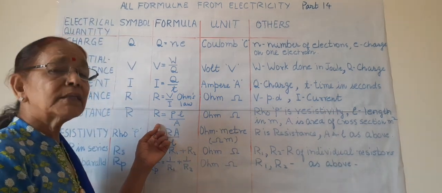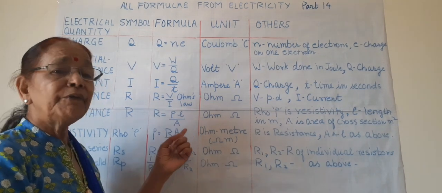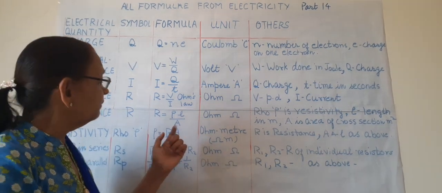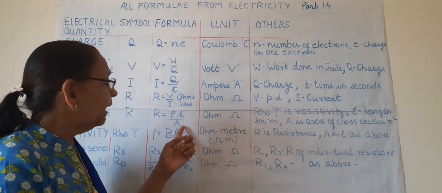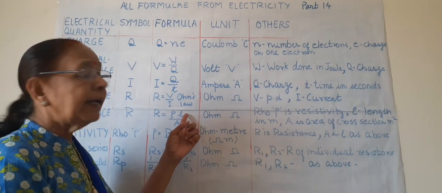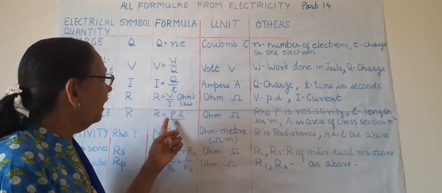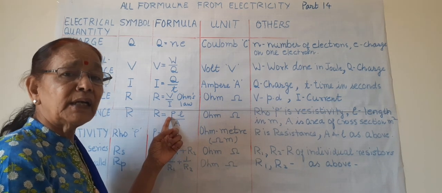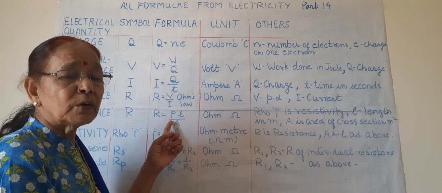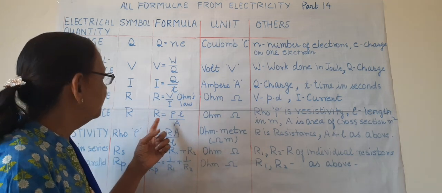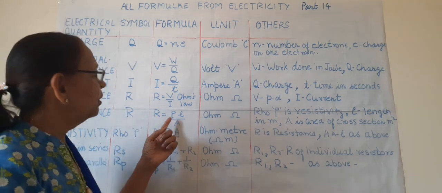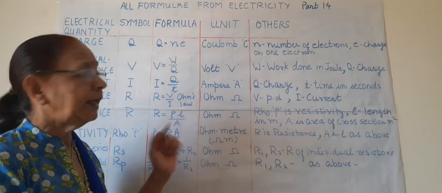So this resistance can be calculated if a wire or conductor is given with cross-sectional area in meter square and length in meter. These are the SI units of length and A, multiplied by a constant rho. Rho is a constant known as resistivity. So R is equal to rho L by A.